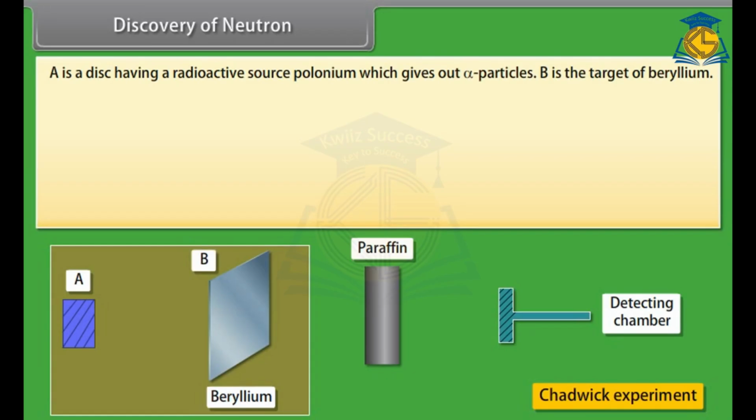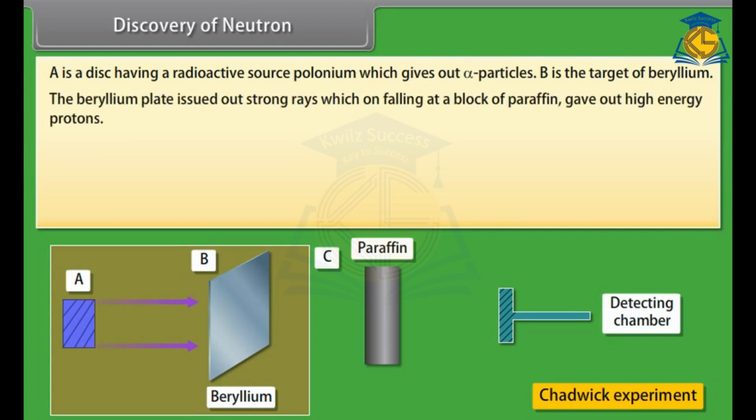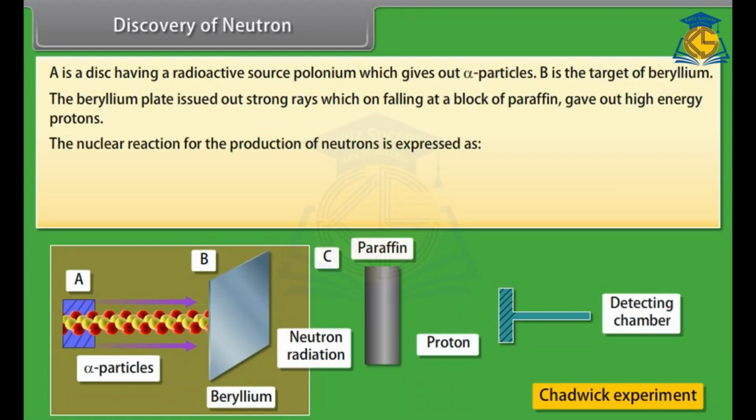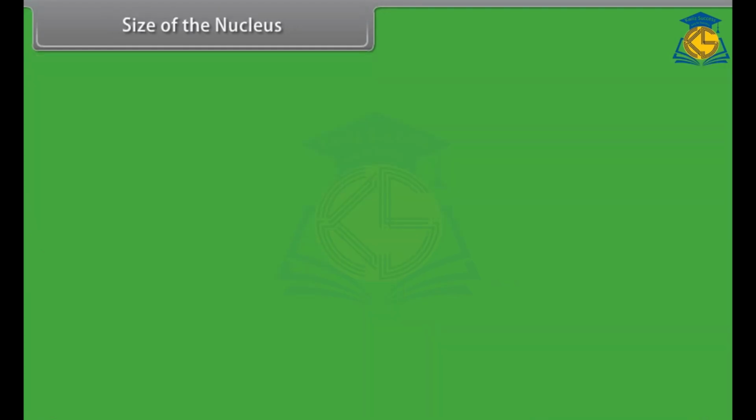B is the target of beryllium. Both A and B are placed in an evacuated chamber C. The beryllium plate issued out strong rays, which on falling at a block of paraffin gave out high-energy protons. The nuclear reaction for the production of neutrons is expressed as follows.